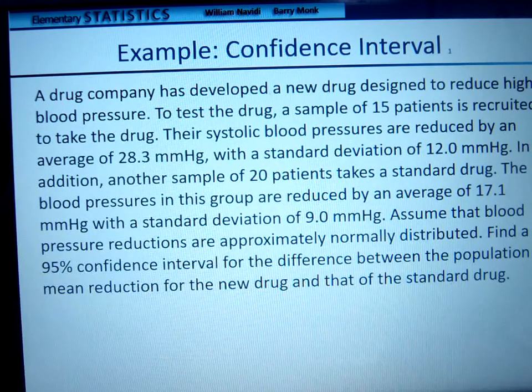In addition, another sample of 20 patients takes the standard drug, and the blood pressure in this group is reduced by an average of 17.1 with a standard deviation of 9. Assume that the blood pressure reductions are approximately normally distributed. Find the 95% confidence interval for the difference between the population mean for the new drug and the standard drug.